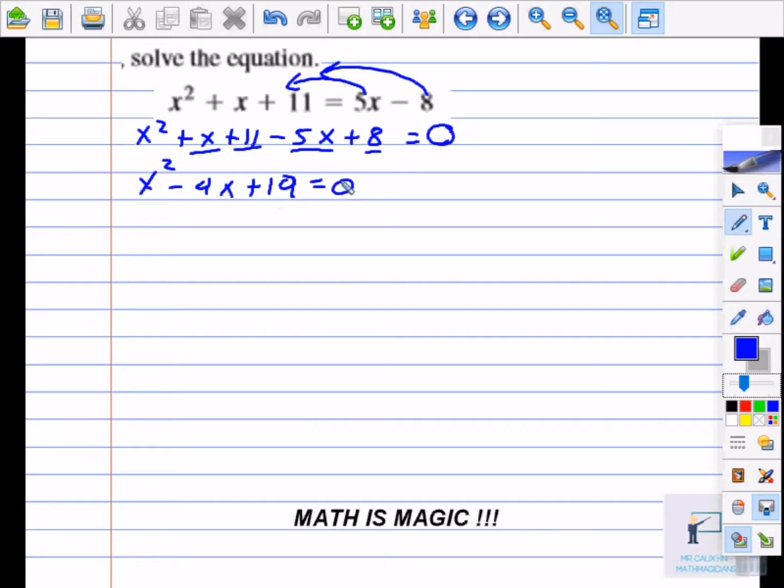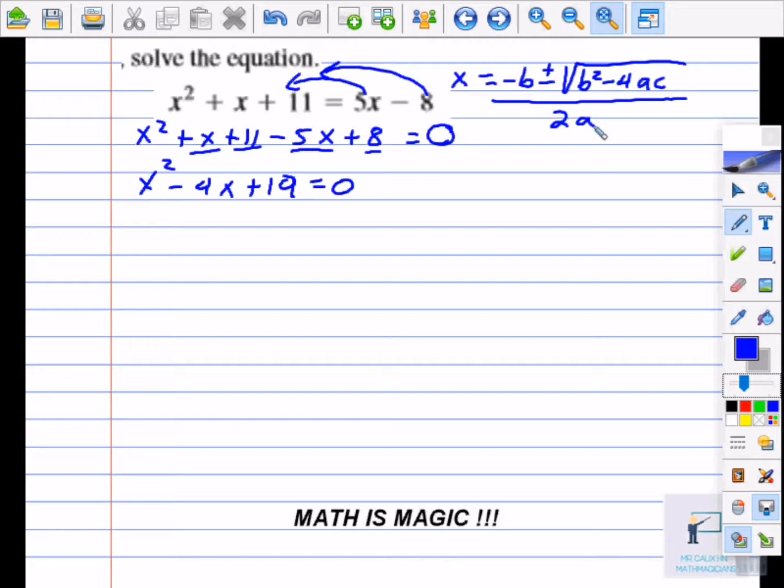Now, this one cannot be factorized, and when a number cannot be factorized, what we're going to use is the quadratic formula. I'll copy it here. x is equal to negative b, plus or minus the square root of b squared minus 4ac, over 2a. Okay, so that would be your quadratic formula.